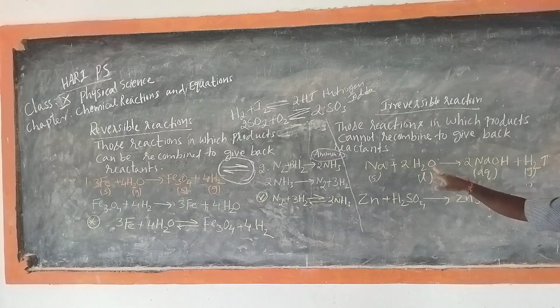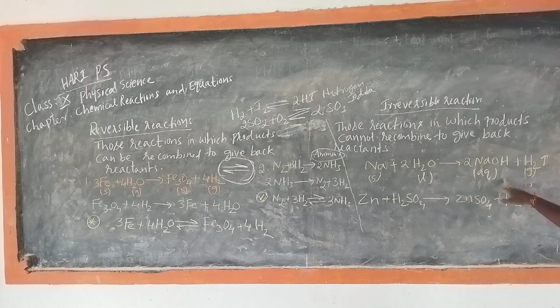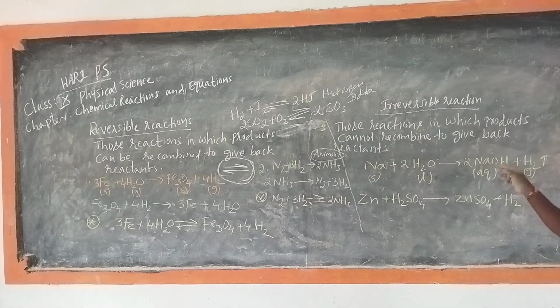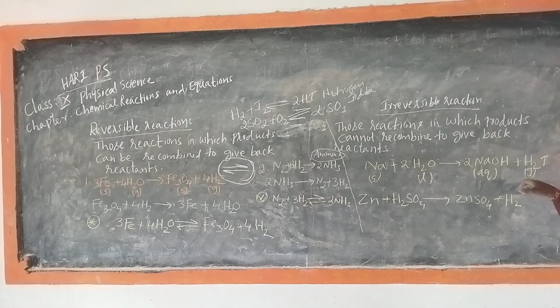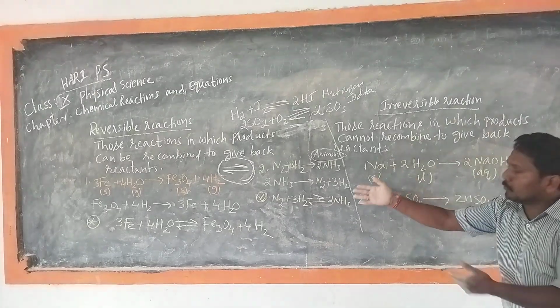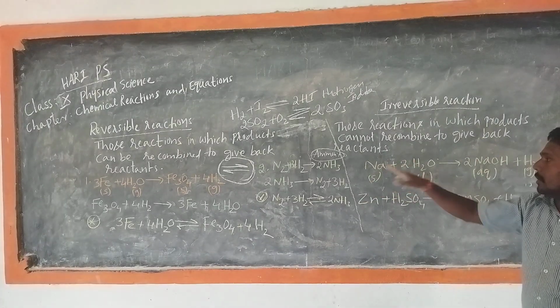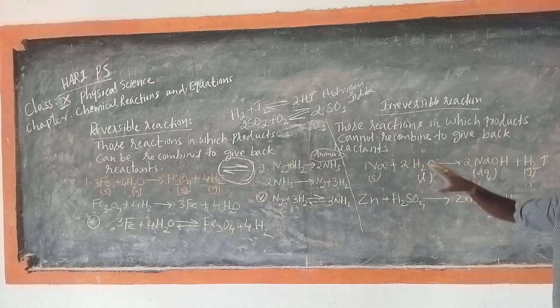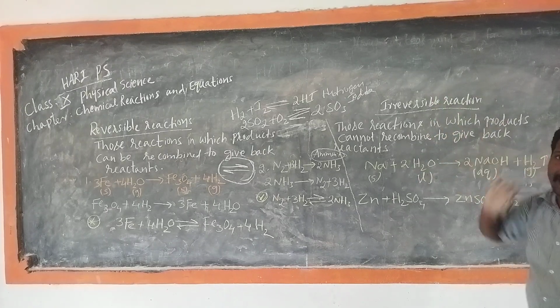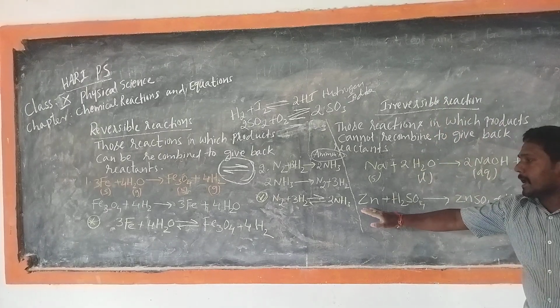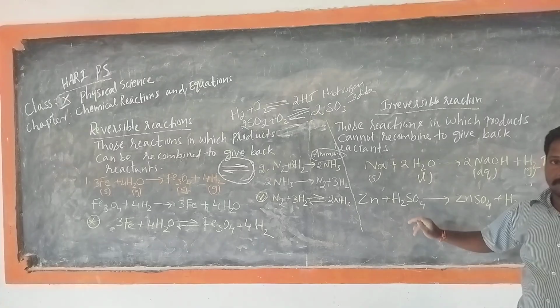So sodium reacts with water to give sodium hydroxide and hydrogen. But when the sodium hydroxide and hydrogen are combined, they won't give back sodium and water. So it is an irreversible reaction.